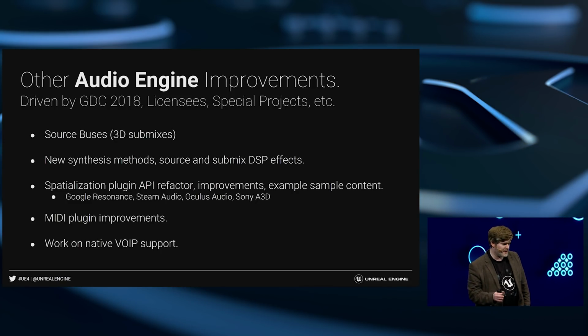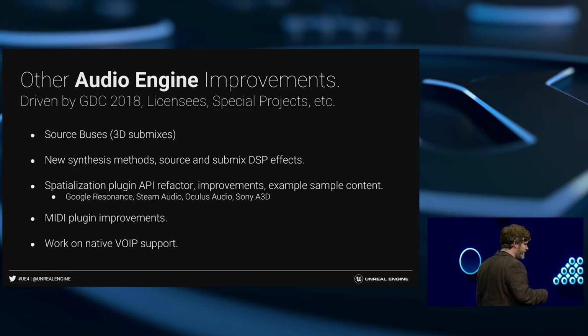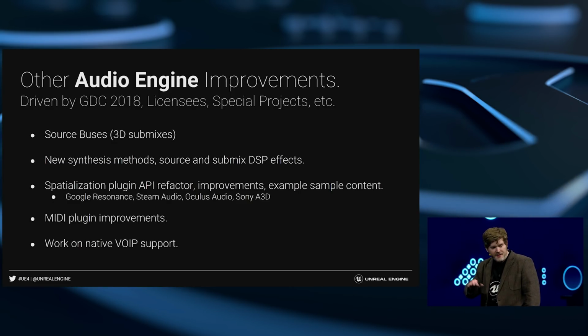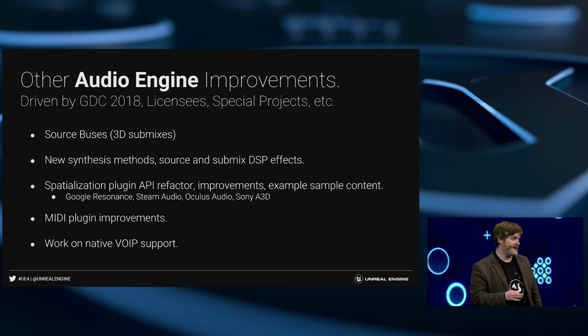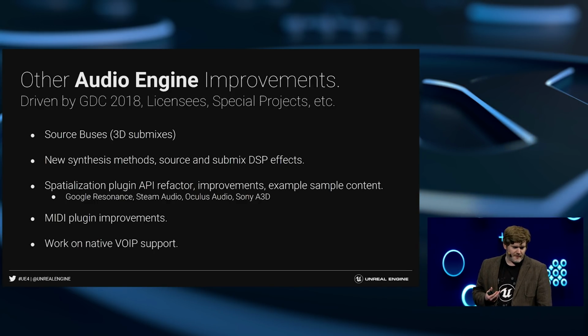So besides Fortnite, we've done a lot of other stuff. We have a lot of special projects at Epic. You saw Chaos this morning. That was something that we worked on. And a lot of things like that come up, and so they drive audio features as well. So one of the things that we implemented was source buses.